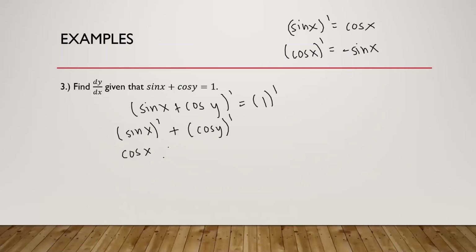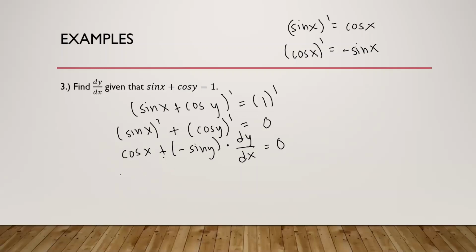So, applying the same concept, so magiging negative sine y siya. Tapos, ilalagay na natin yung differentiated form ng y, which is dy over dx. So, yung differentiated ng 1 ay magiging 0 dahil constant siya. Pag sinabing constant, number lang po siya.